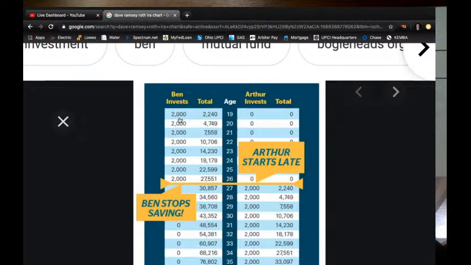Now, as you see, 1, 2, 3, 4, 5, 6, 7, 8. So he invested $16,000 from the age of 19 to 26, and here's what he's made: $27,551. If you subtract the $16,000 he has put in, he's made a total of $11,000 in 8 years.